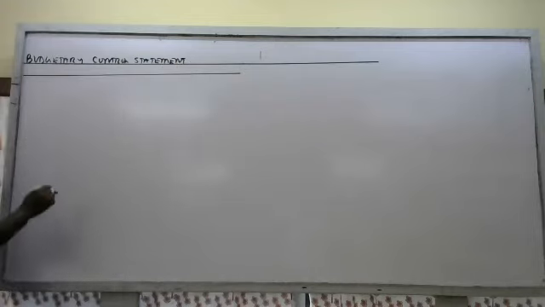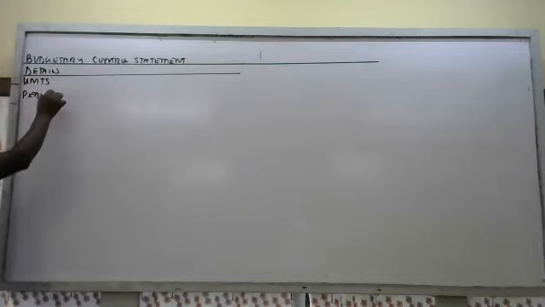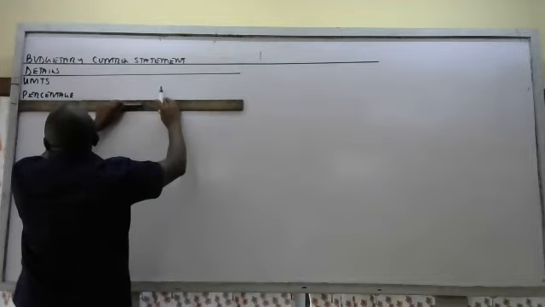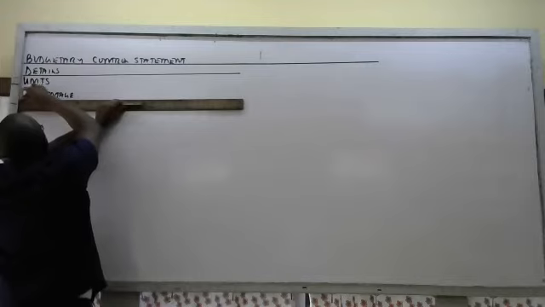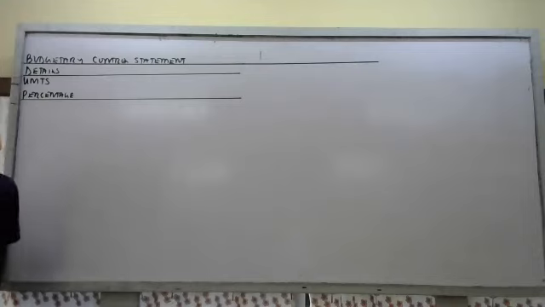In the budgetary control statements, the first column is called details, where we have units, closely followed by percentage. Then after percentage, we have sales.